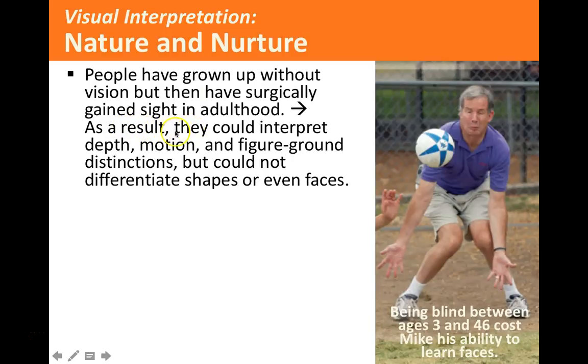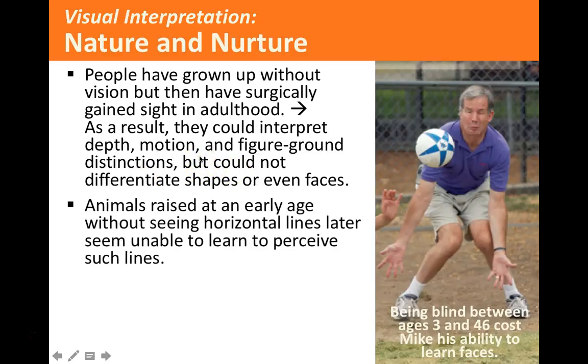So as a result, people in this situation could interpret depth, motion, and figure ground distinctions, but could not really differentiate shapes or even faces very well, because that seems to be more of a learned kind of thing. It requires quite a bit of experience.